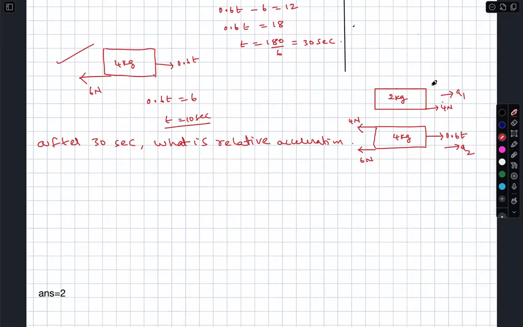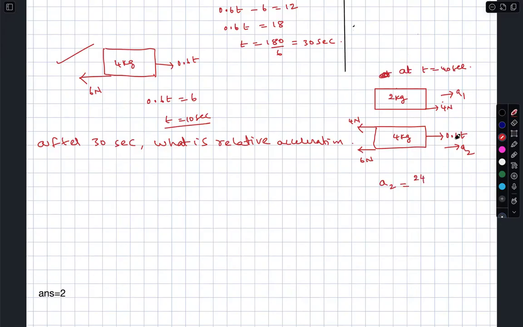So by the time 10 seconds arrives, now we will do it at t equal to 40 seconds. We want a situation: what is the relative acceleration? Here at 40 seconds, A2 is 0.6 into 40, 24.